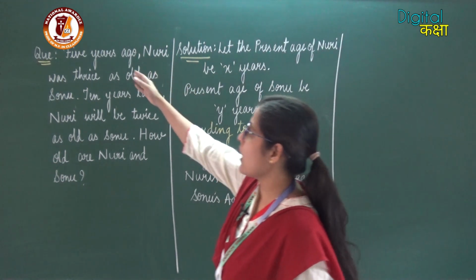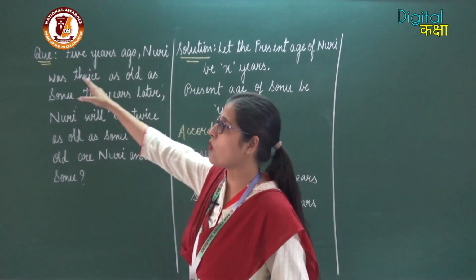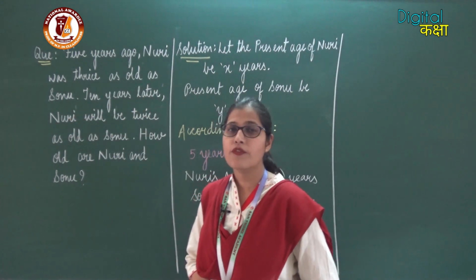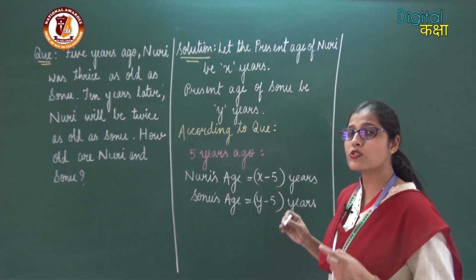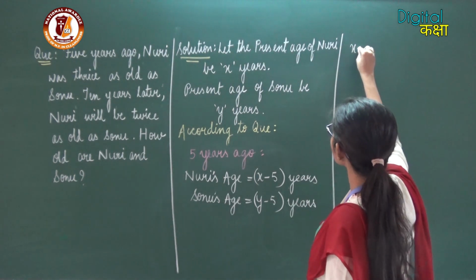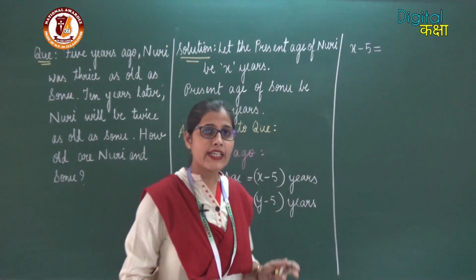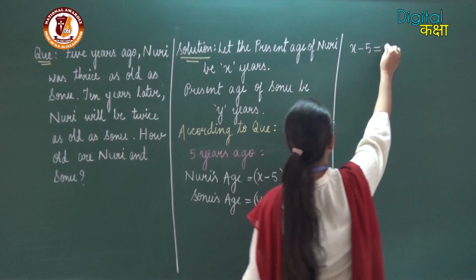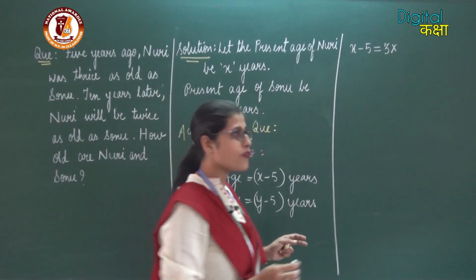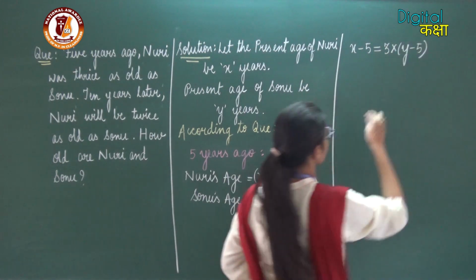Now again according to the question, 5 years ago Noori was thrice as old as Sonu, which means that Noori's age before 5 years, that is x minus 5, will be equals to 3 times Sonu's age before 5 years, which will be y minus 5.